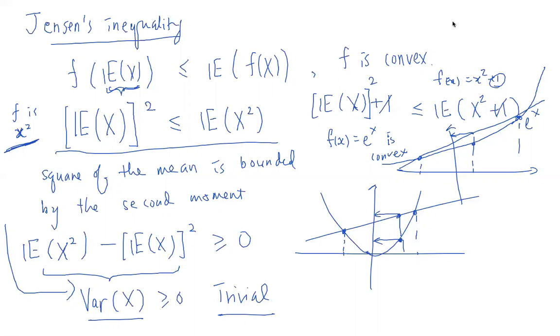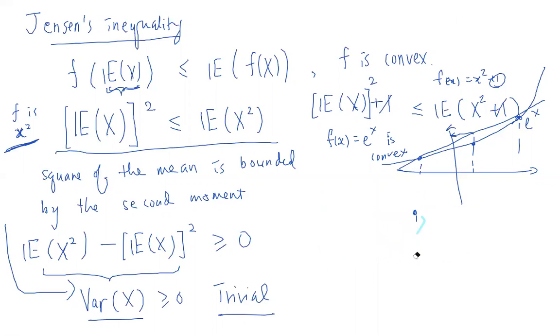So if it's convex, then you can apply this inequality. So let's see what we get. So replace x with e to the x: expectation of e to the x.